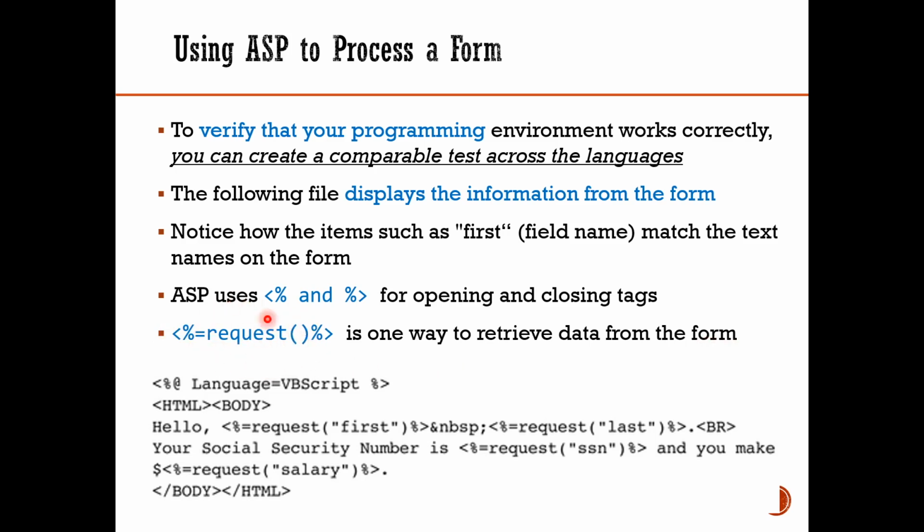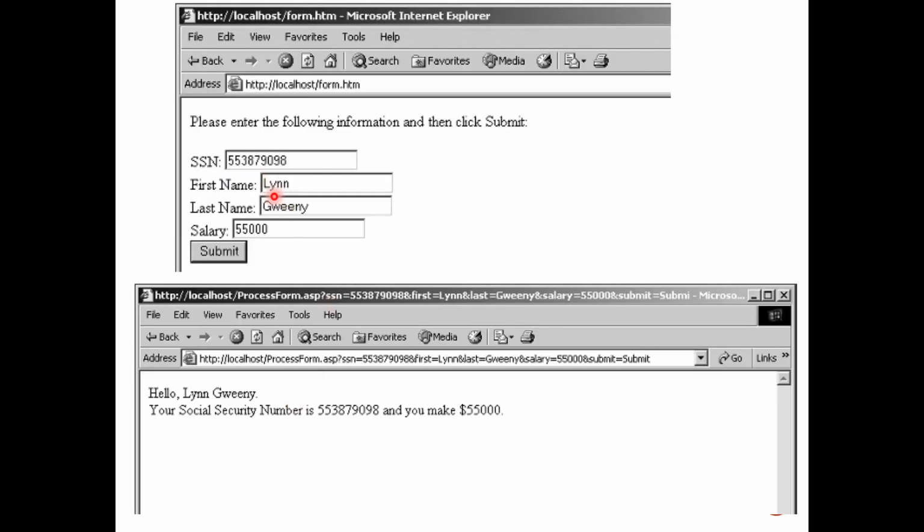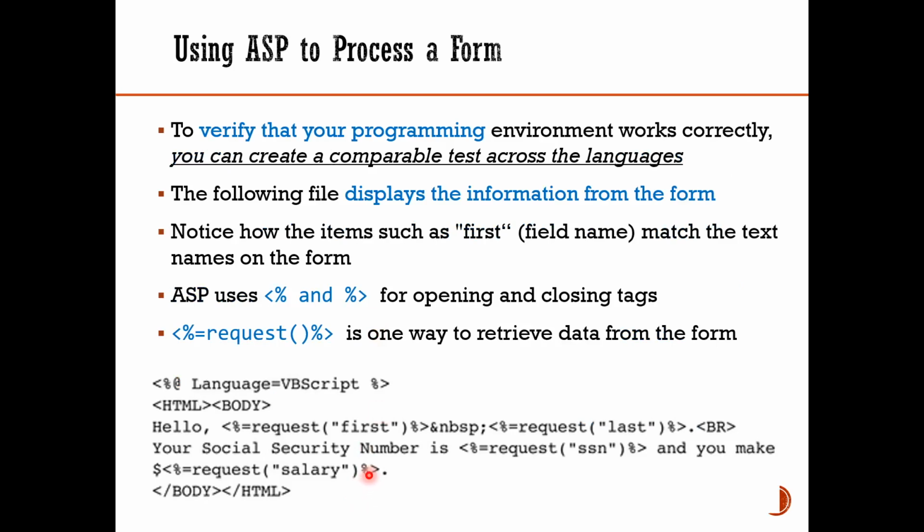This is a function; Request means to retrieve. So this is a function to retrieve data from the form, to read data from the form. Request here, for example SSN, and you can also make it Request salary here. It means that we are retrieving the value of that field that has been stored in that form just now.